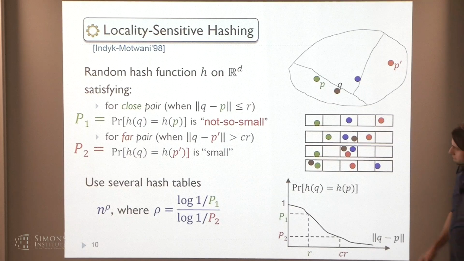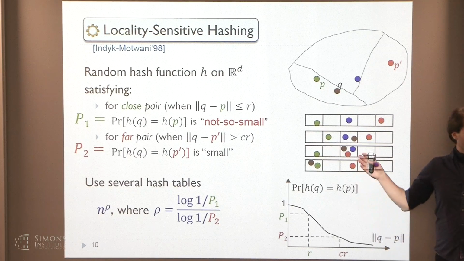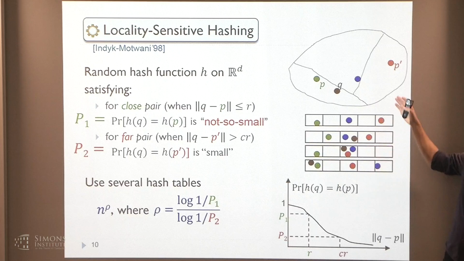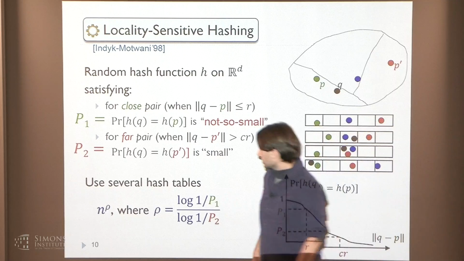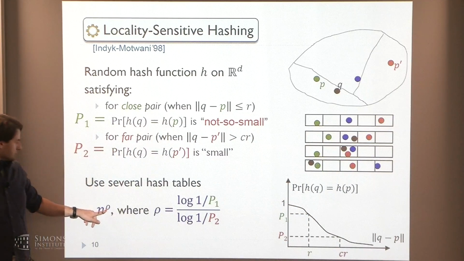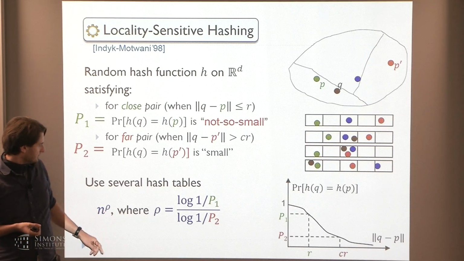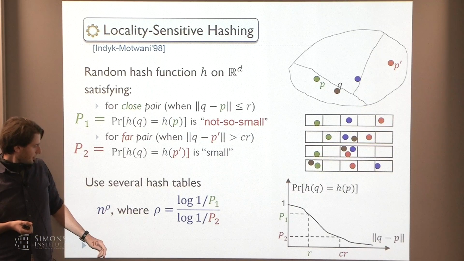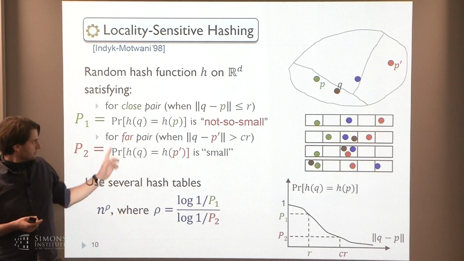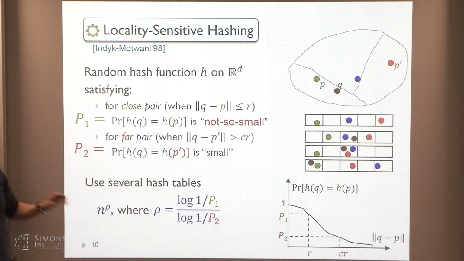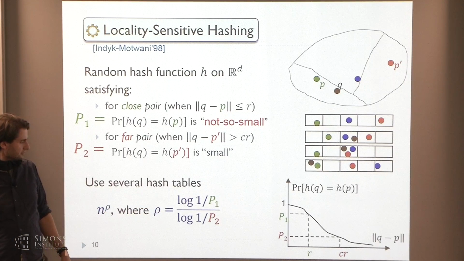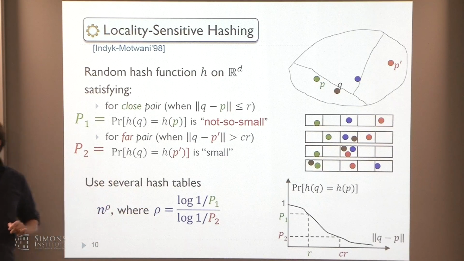If you go through the calculations and see how many hash tables we need to take, which basically controls both the space and the query time, you'll figure out that the number of hash tables will be n to some power rho, where you can think of rho as some kind of capacity or quality of this hash function, and it will be a function of its probabilities p1 and p2. It's a slightly uglier function, but this is the right function. It's not too hard to prove it.